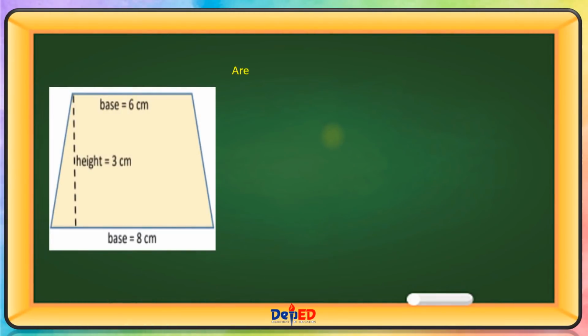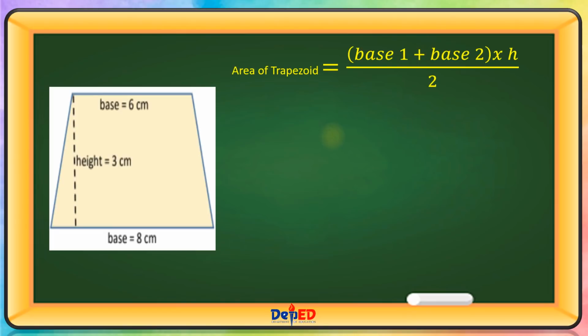Example: base 1 plus base 2 times height divided by 2.